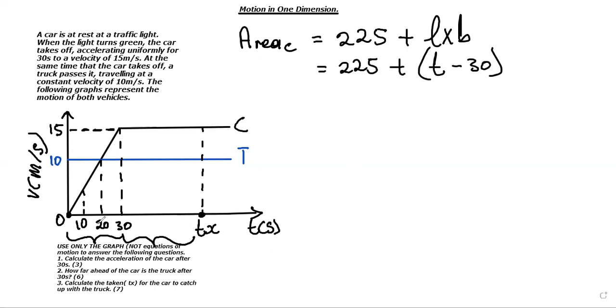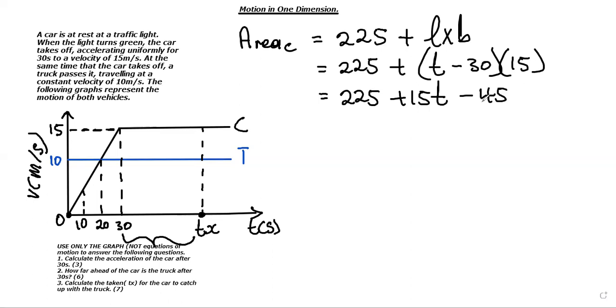Do you see that? So your length will be t minus 30, and then your breadth will be 15 meters per second. Now, simplifying this, we get 225 plus 15t, and then you say minus 450.